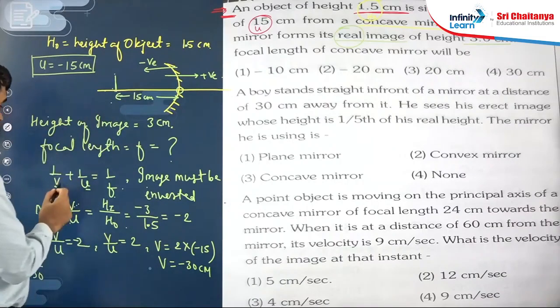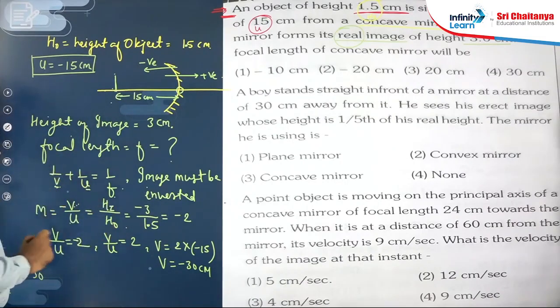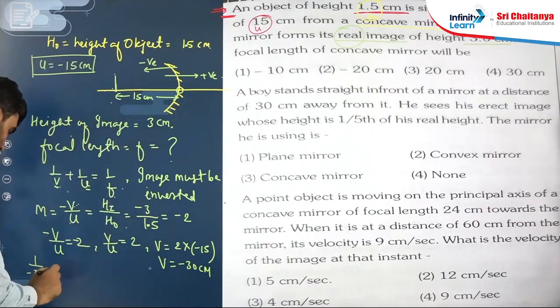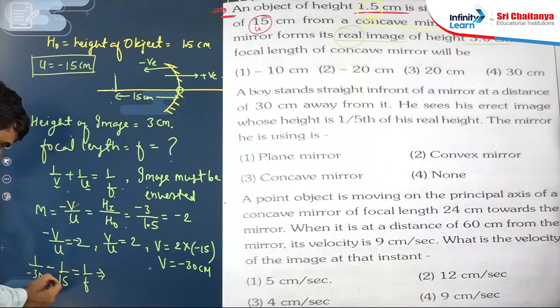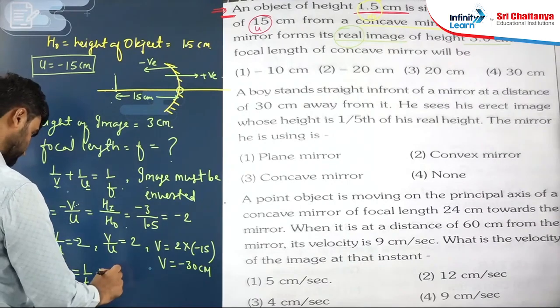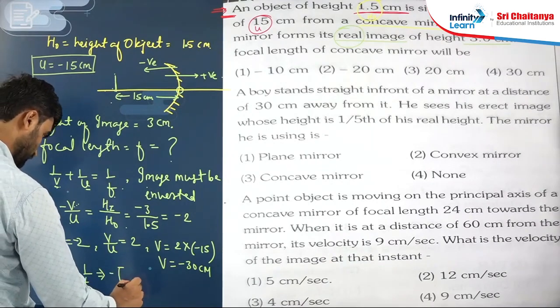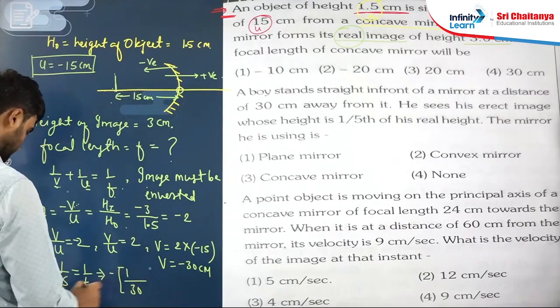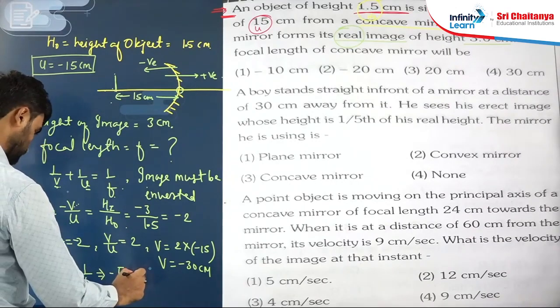Now 1 by v, the v value is minus 30. Okay. And the u value is minus 15. So minus 1 by 15 equals 1 by f. Okay, solve it. So we can take the LCM here, 30, and minus we can take common. So 30 is the LCM. Here 1 and this is 2.